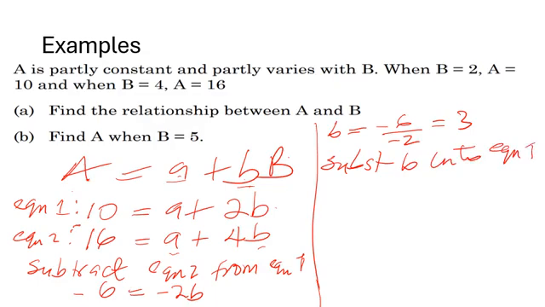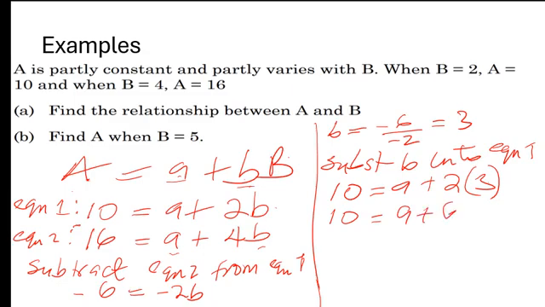By doing so, we'll have 10 is equal to A plus 2, where there's B we're putting 3. So you have 10 is equal to A plus 2 times 3, that's 6, which means A will be equal to 10 minus 6, which will be equal to 4.